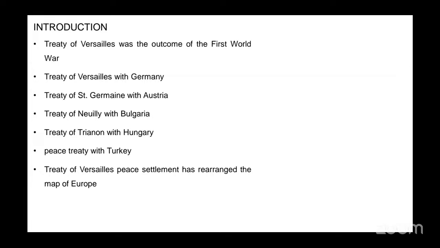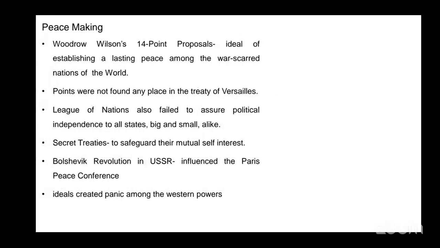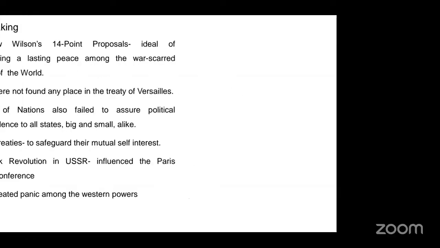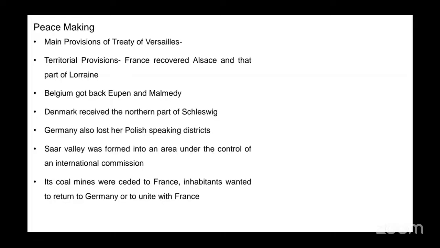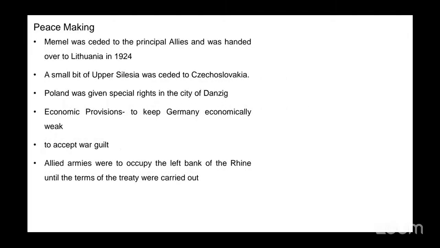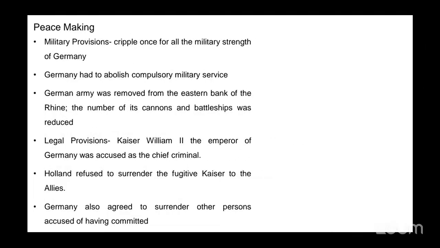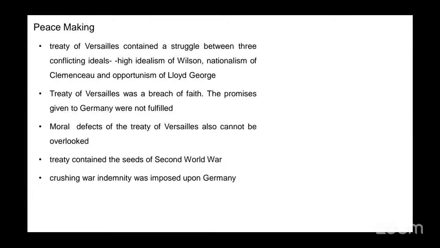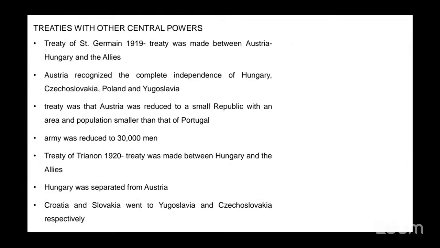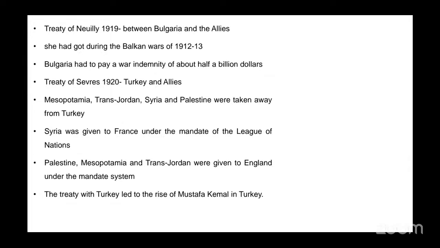If there's a question on the Treaty of Versailles, then you can write what it is, and the main provisions of the Treaty of Versailles, and then you can write the legal, economic, political provisions and the reconstructions that happened, and then you can write about other treaties following the Treaty of Versailles, like Saint-Germain, Trianon, Neuilly, and the peace treaty with Turkey, all these things.